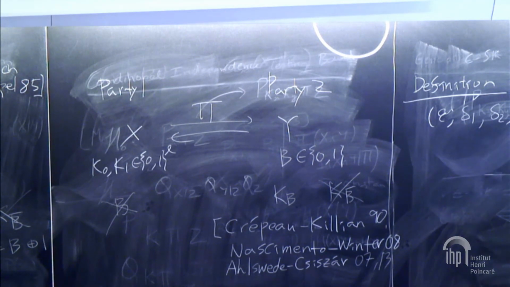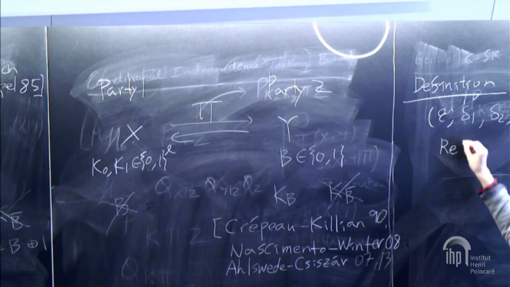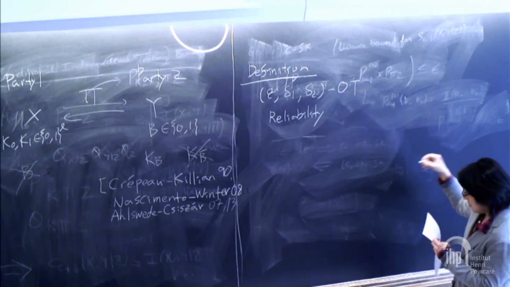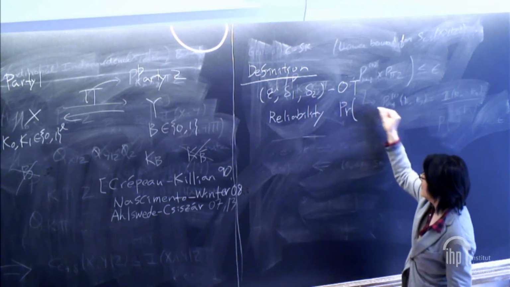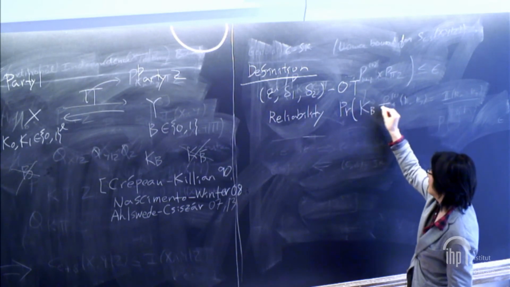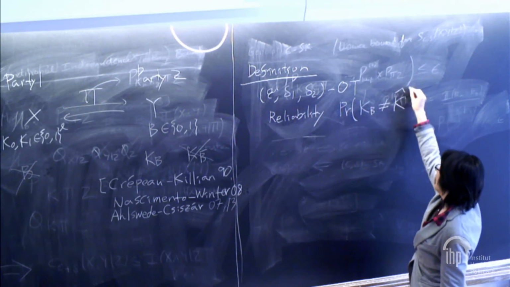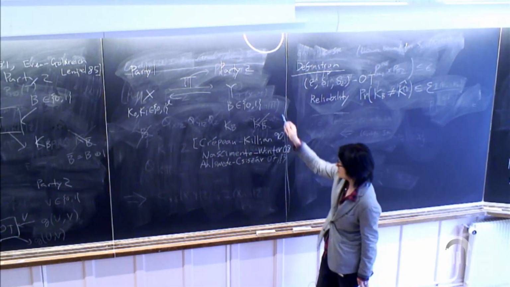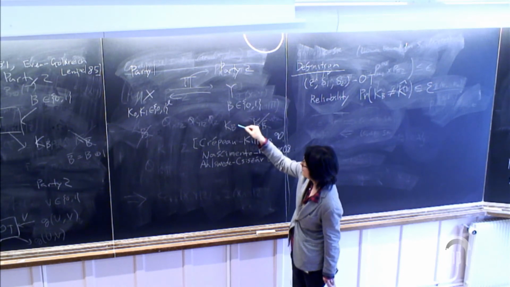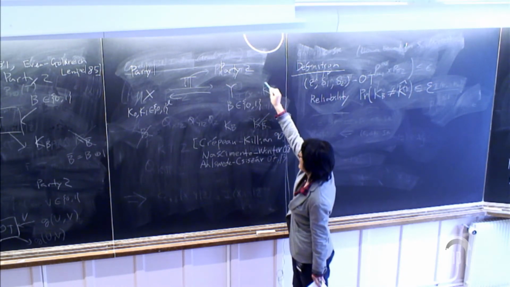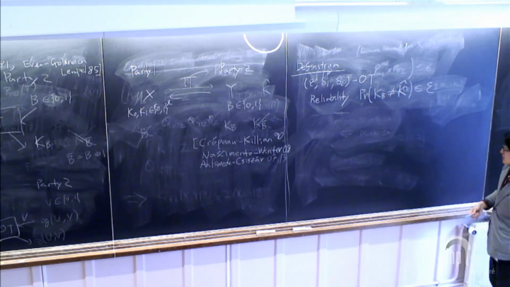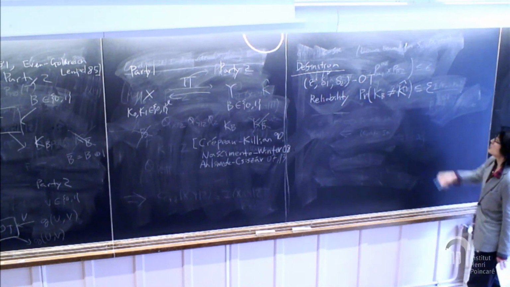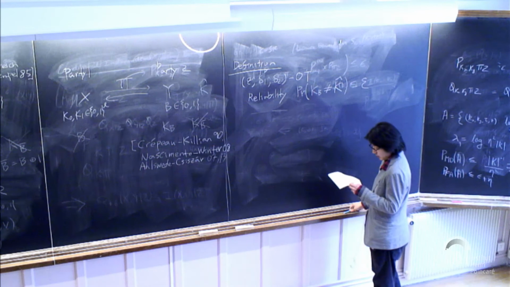The first requirement is reliability. At the end of the protocol, the second party will get some estimate of K_B, which I denote by K hat. The disagreement probability of K hat with K_B should be smaller than epsilon. This is the reliability condition.